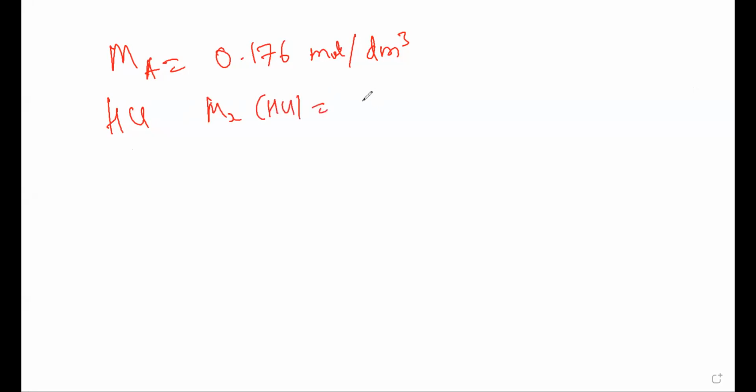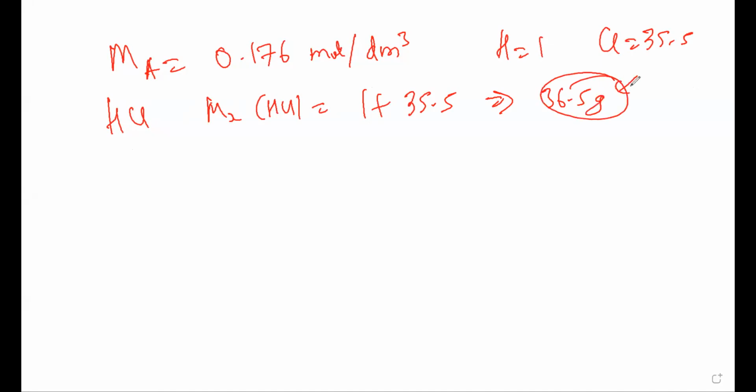We can see from the periodic table that the mass of hydrogen is 1 unit, and the mass of chlorine is 35.5. So the molecular mass of HCl will be 1 plus 35.5. When you calculate it together, you get 36.5 grams. So this is the molar mass.